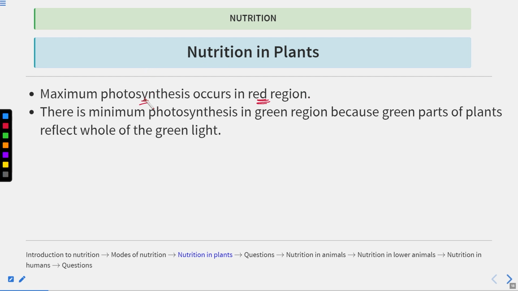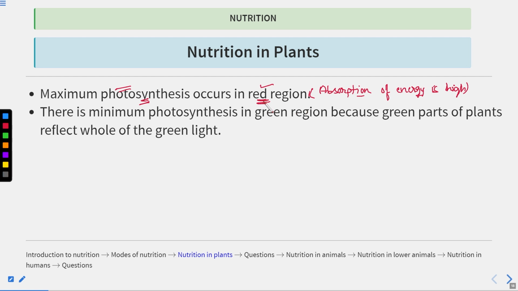But still, maximum photosynthesis occurs in the red region because the absorption of the energy present in the red light is very high and the loss is very less. That's why the photosynthetic rate is maximum in the red region.